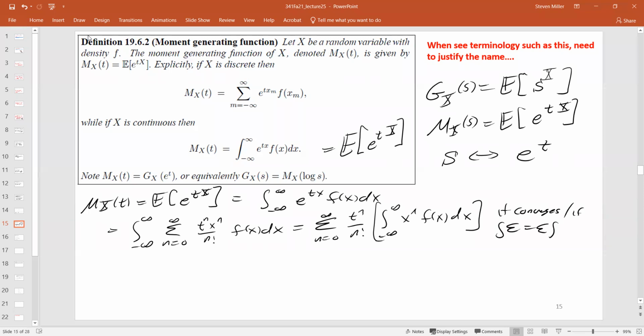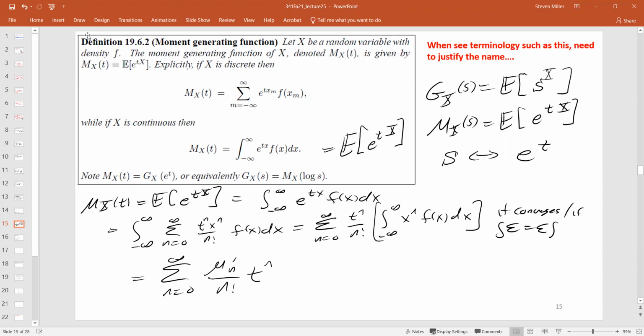Well, what is the integral of x to the n f of x? If f is a probability distribution, what is this integral equal to? The nth moment. So this is then just going to be the sum, n goes from 0 to infinity, of the nth moment over n factorial times t to the n. And this is why it's called the moment generating function.